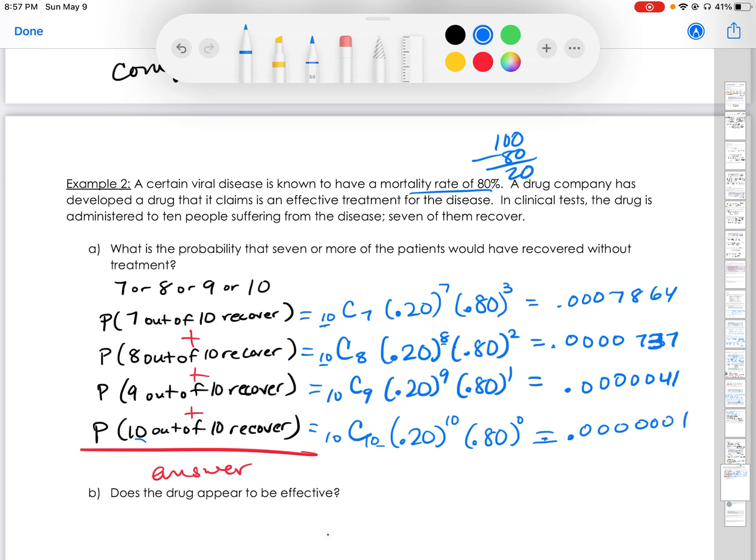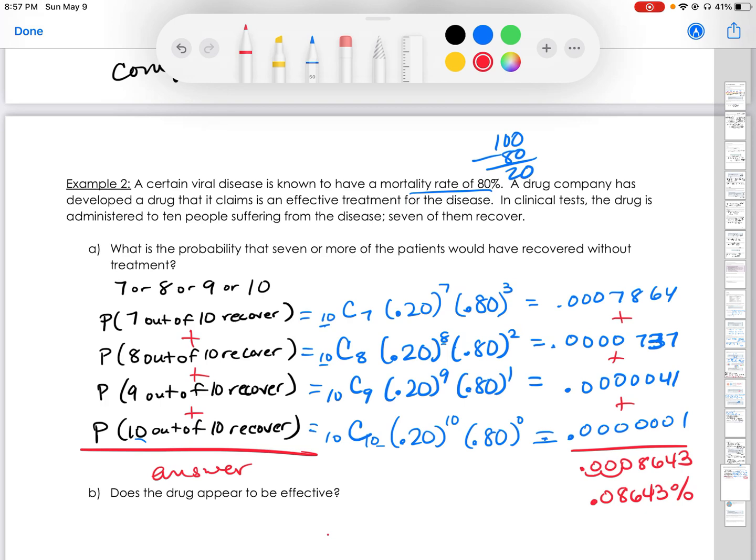Okay. Then we're going to add all of these up as best that we can, and that solution is going to give us 0.000863, something like that. So that means we still have a 0.08643% chance of that occurring. That's pretty terrible chance.